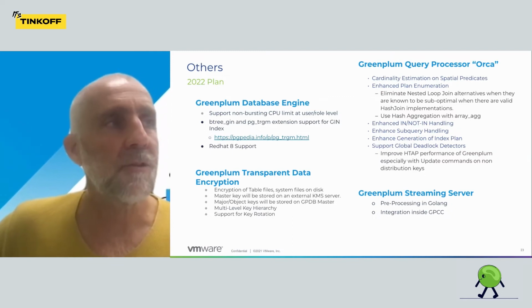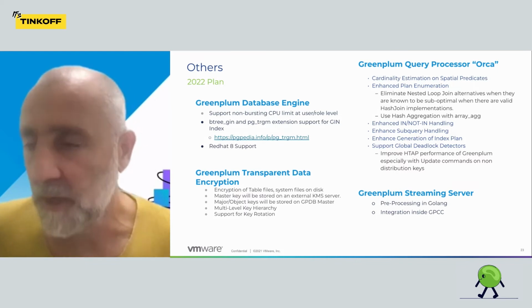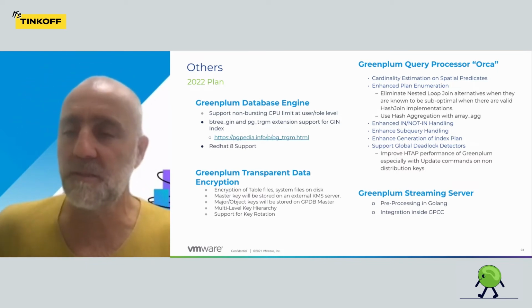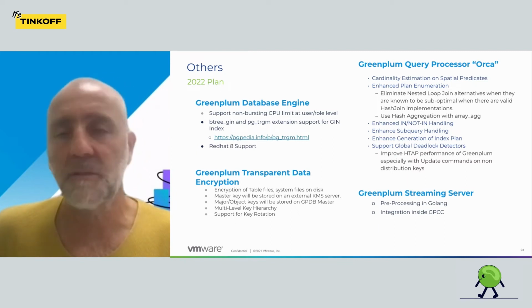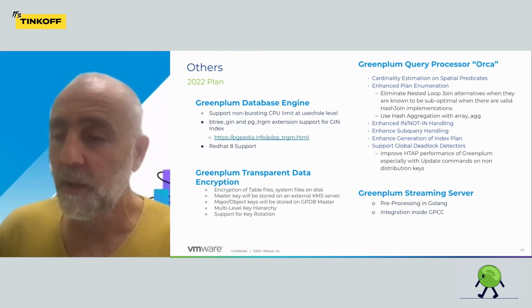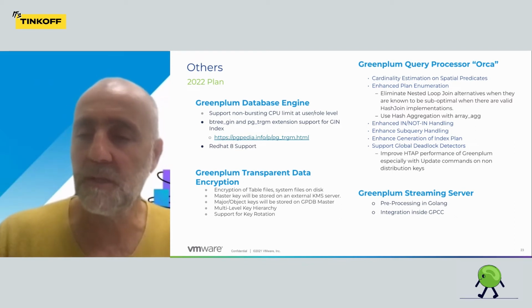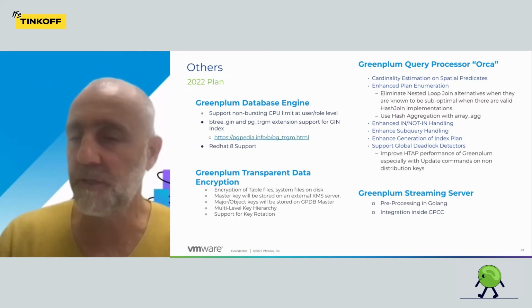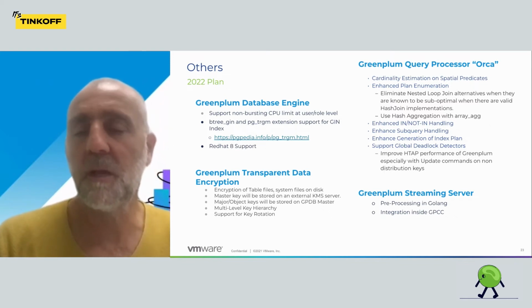Important improvements also in the engine. During the last update, I presented that in 6.16, we had this notion of non-bursting CPU limit. Just to explain again, when you are using resource groups, by default, the CPU is in a flex mode. So if you set a limit of 30%, but the CPU is available, you may go beyond the 30% limit.